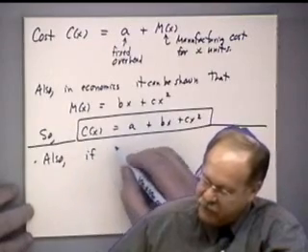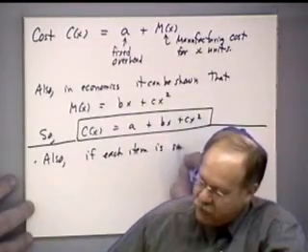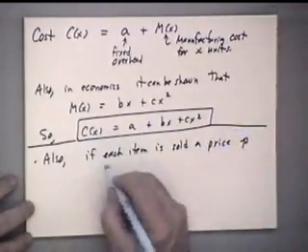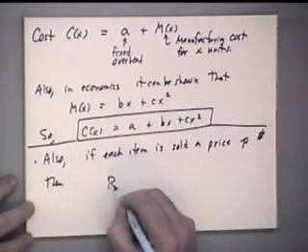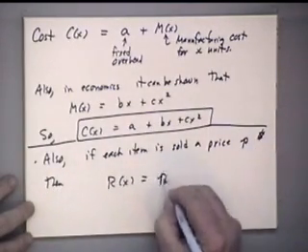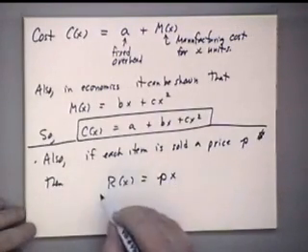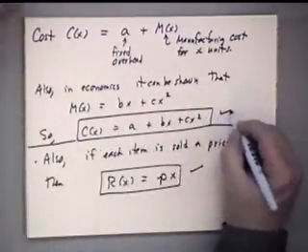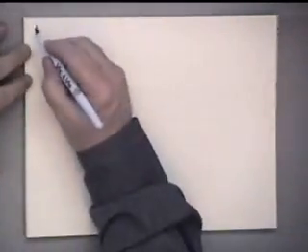Also, if you know the price of each item, if each item is sold at a price of P dollars, then that means we can write the revenue as P dollars per unit. So it's P dollars times the number of units. So with this revenue written this way specifically and the cost written specifically this way, we can write a formula for the profit.